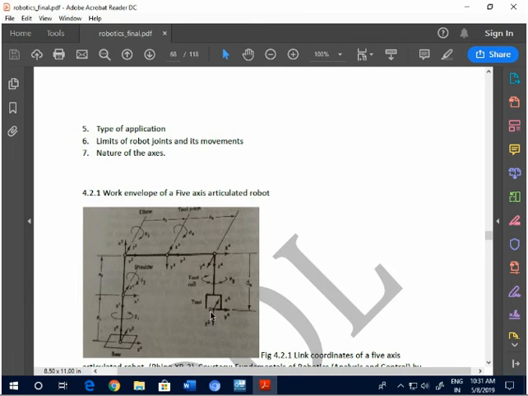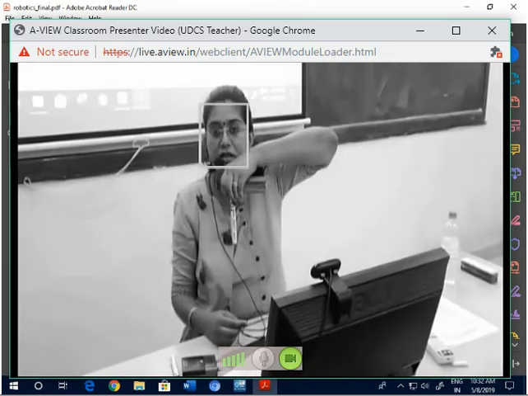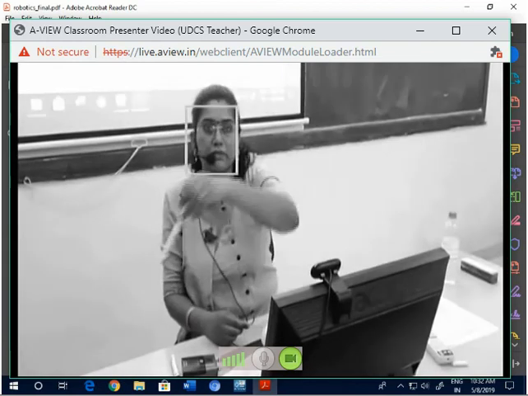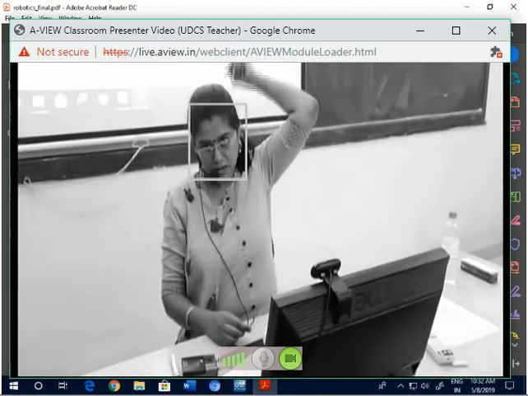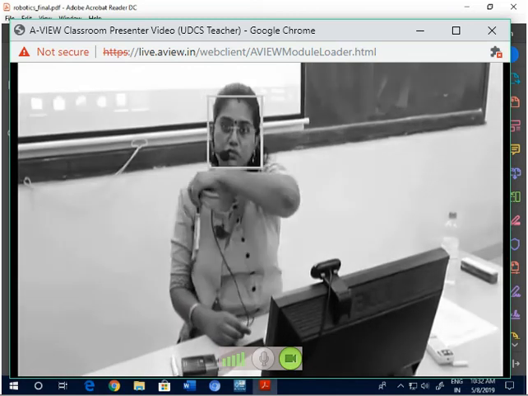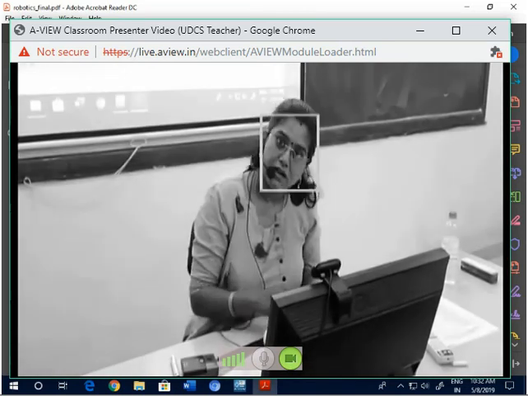Suppose this is your tool tip, and this is the point P of the tool tip. What I'm interested in is the maximum horizontal reach of this tool tip and the maximum vertical reach of this tool tip. This is what we will be finding using this link coordinate diagram.